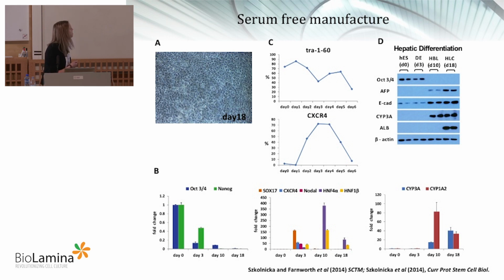You can see at day 18 we've got some nice looking cells, and these progress in a stepwise way, losing their pluripotency-associated genes, increasing endoderm and early hepatic genes, and increasing cytochrome gene expression as well. This was reflected in protein production and through flow cytometry analysis.